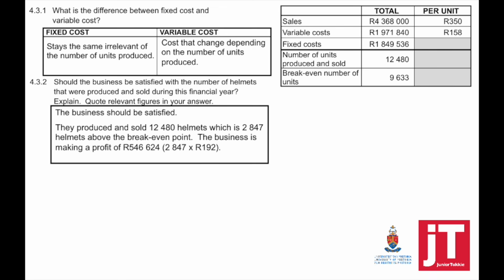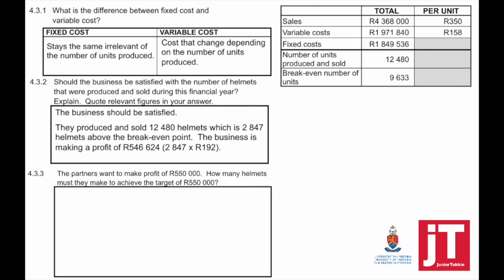The business is making a profit. Now, if you want to calculate that profit, take the contribution per unit times the number of units more than the break-even point. To get the contribution per unit, 350 minus the variable cost.